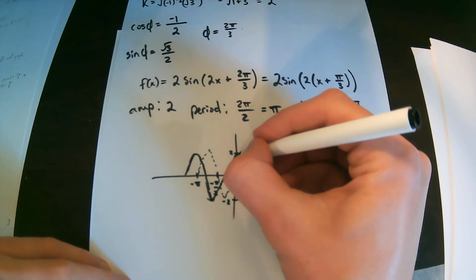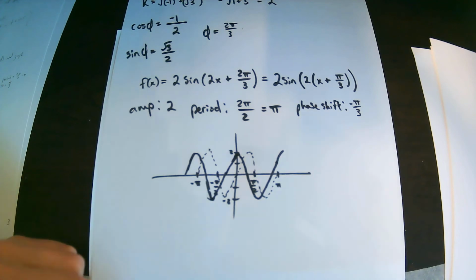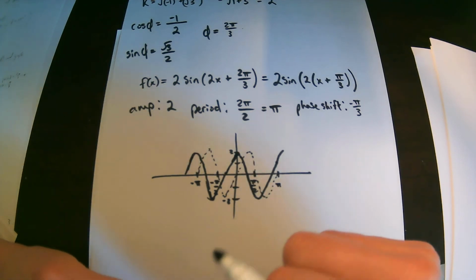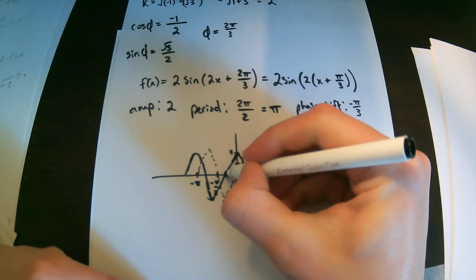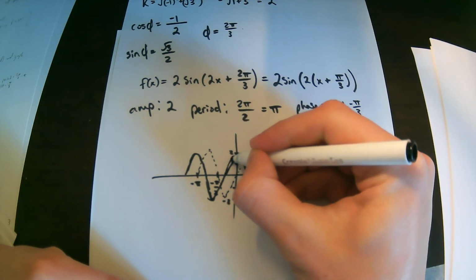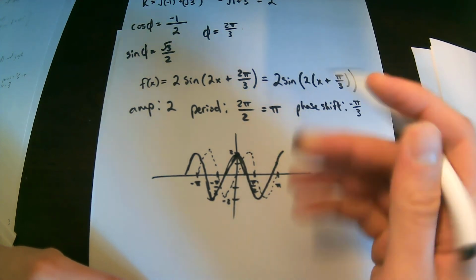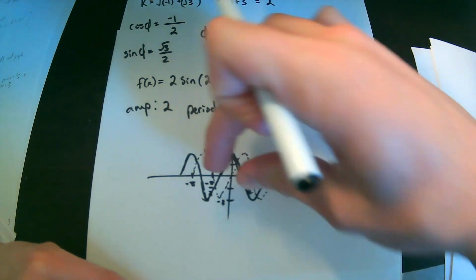Oh, that should be touching too. Okay, something like that. Yeah, so I just looked at the one in the book, and I really messed it up. This should be squished a little bit more.